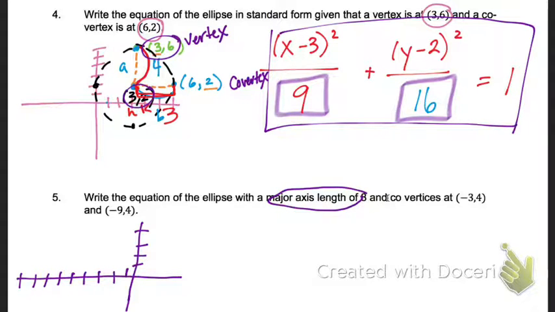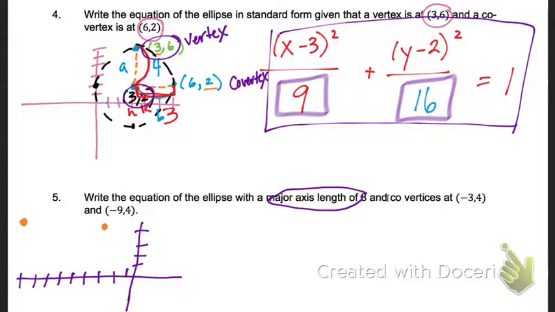And it goes out 9 to the left and then 4 up. So I've got co-vertices at -3, 4 and -9, 4. And then a major axis length of 8.